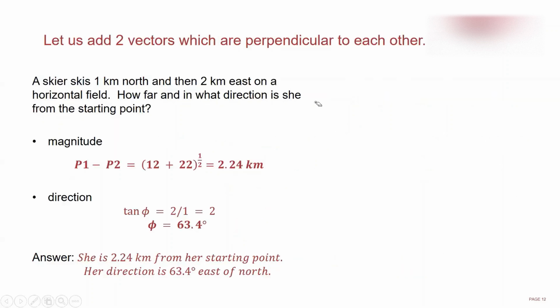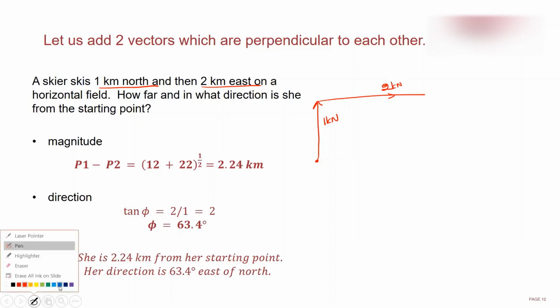Let's take another example. A skier skis 1 kilometer north and then 2 kilometers east on a horizontal field. How far and in what direction is she from the starting point? If the starting point is this, she has traveled 1 kilometer to north and 2 kilometers to east.